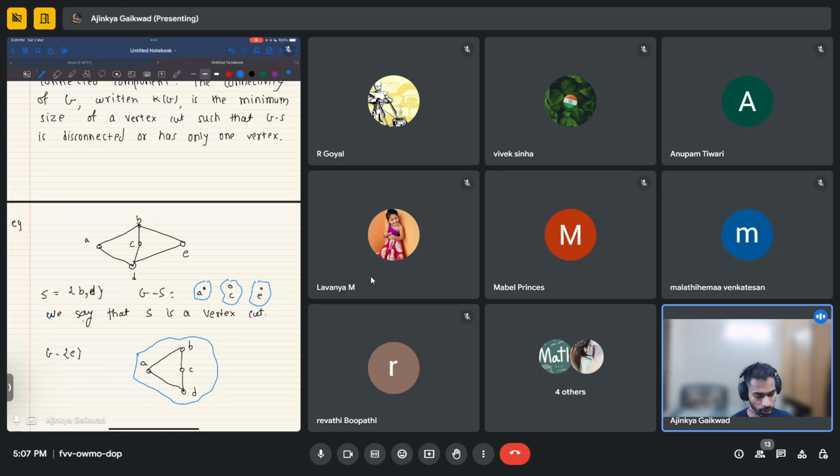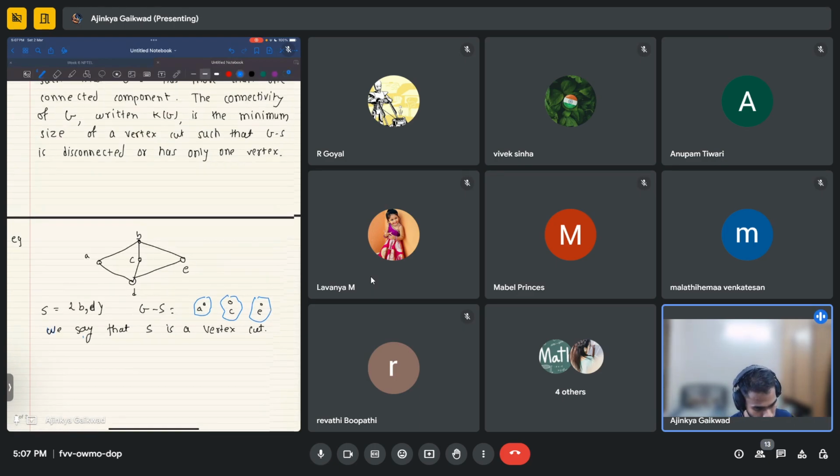If we remove only one vertex, the graph remains connected.